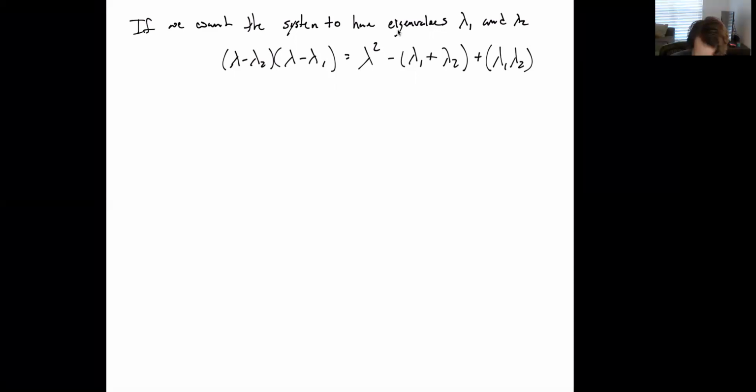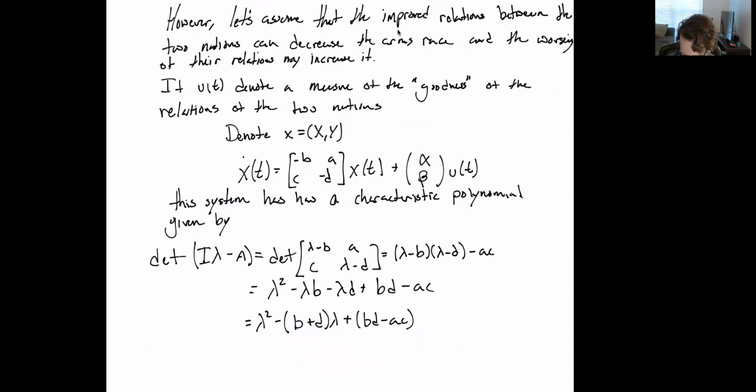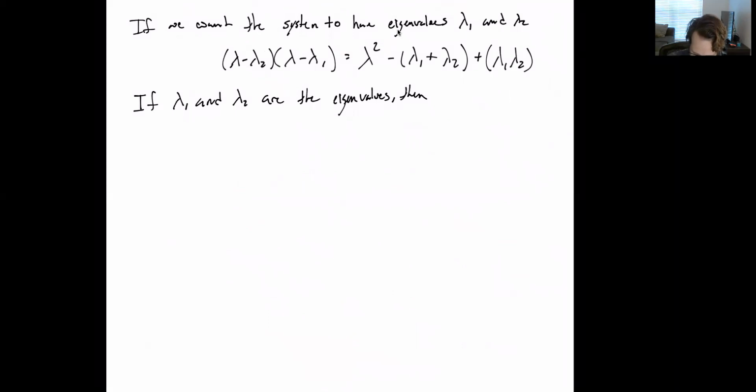So what we can do is, if lambda 1 and lambda 2 are the eigenvalues, then to make sure that this equation conforms with this equation, which would basically be figuring out what B, D, A, and C are to get this equation, we get that lambda 1 plus lambda 2 is equal to negative (B plus D).